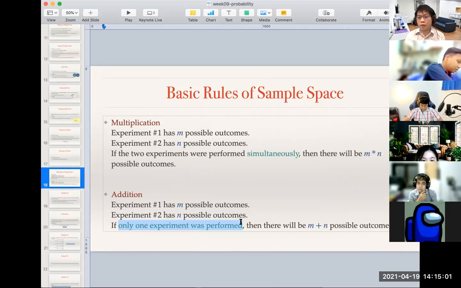You should only perform one experiment from several possible experiments. Let's say from 5 experiments, you randomly choose one experiment. So you need to add up the outcomes from experiment number 1, 2, 3, 4, and 5 all together.